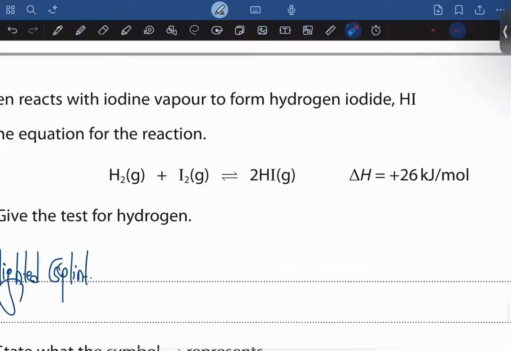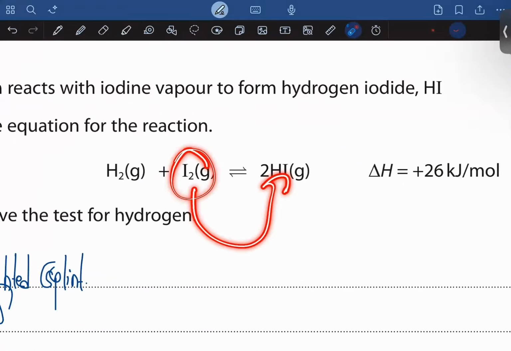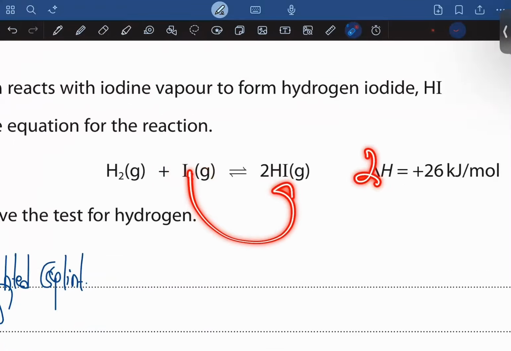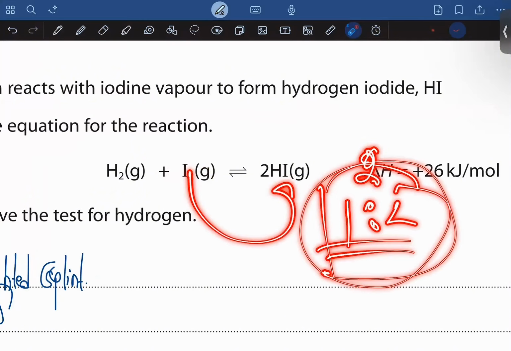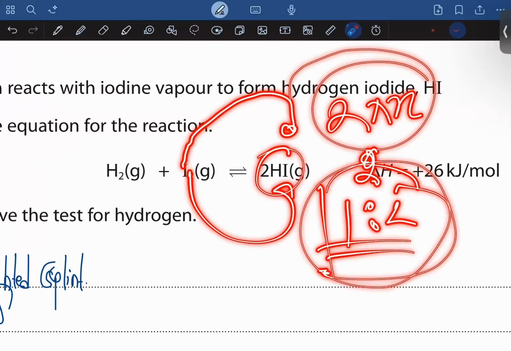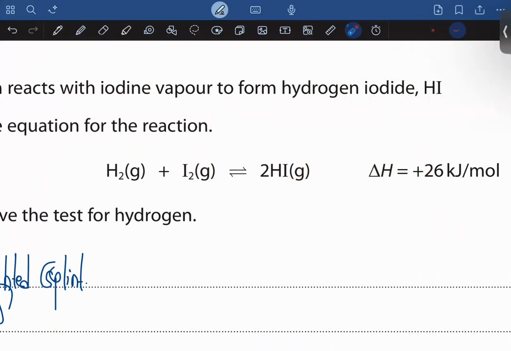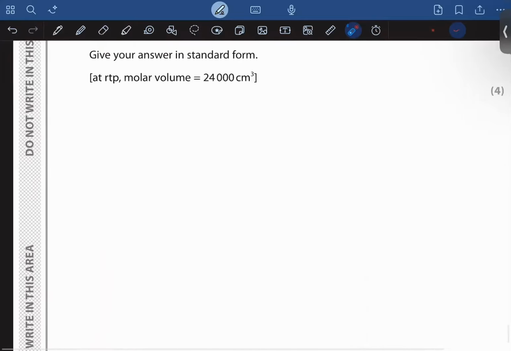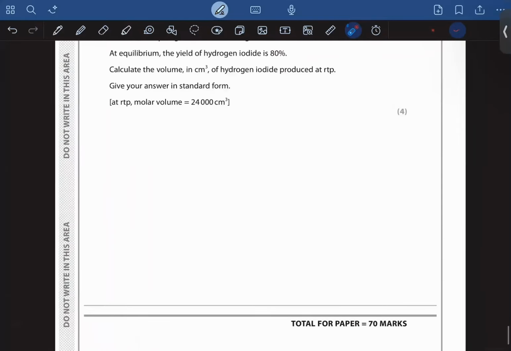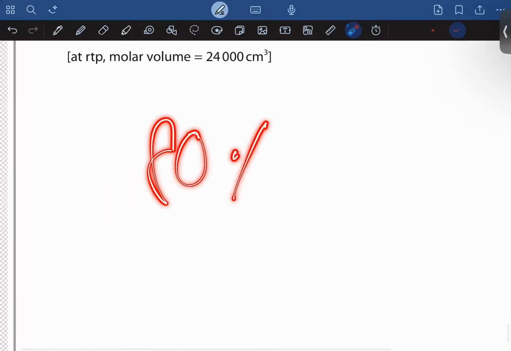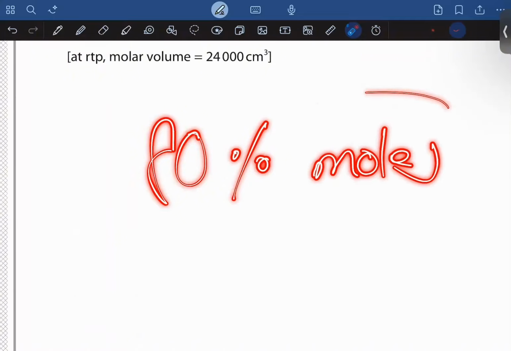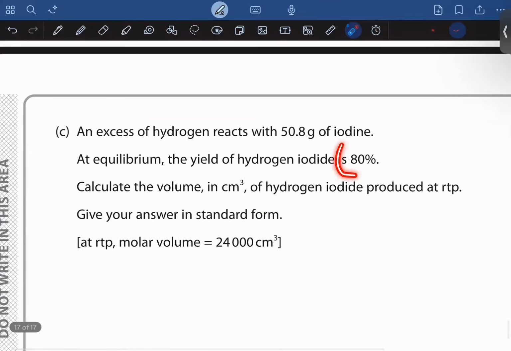The moles of this iodine reacts with this in a 1:2 ratio, which means that whatever the moles of iodine is, the moles of HI is going to be 2 times that. And you have to make sure that while you figure out those moles, you take 80% of them as well, because in the question it says that 80% of this forms.